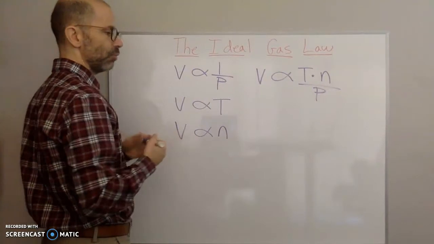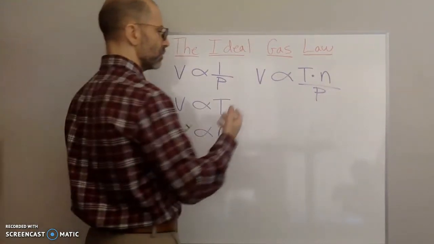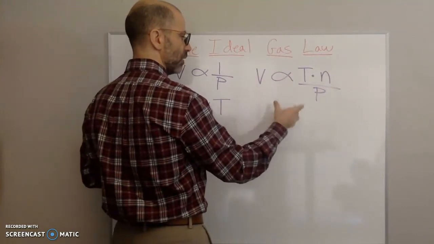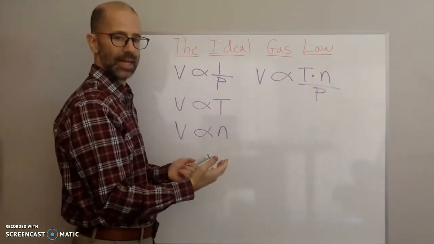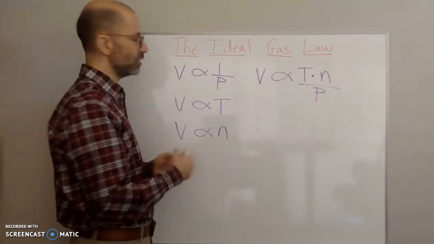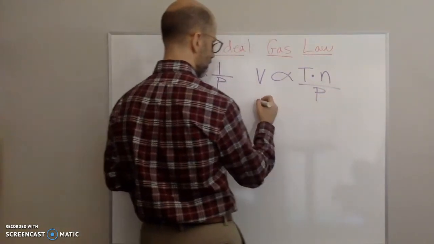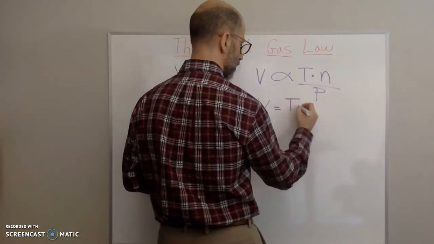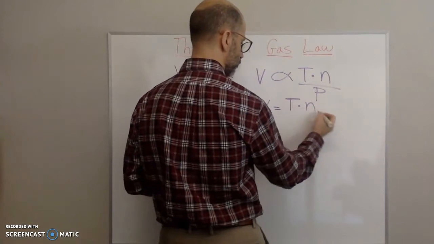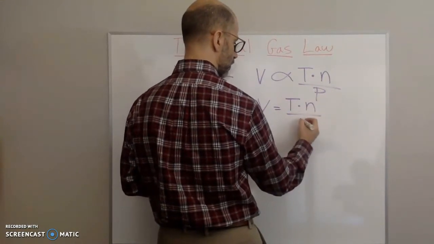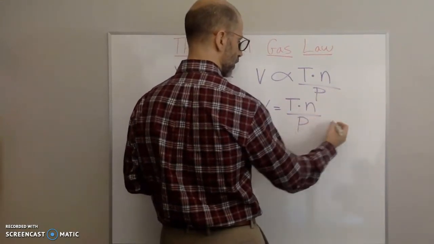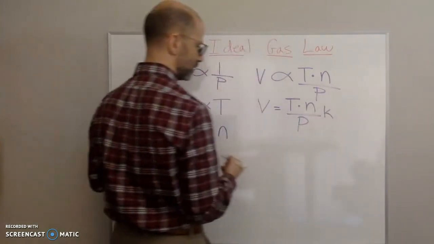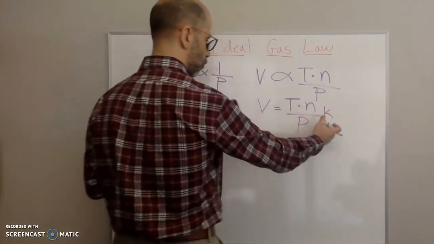Like the other gas laws, since these are proportional, there must be a proportionality constant that makes it equal, and we've been calling that K. So volume is equal to temperature times the amount of gas in moles divided by the pressure, multiplied by some constant K. Then we solved for the constant.